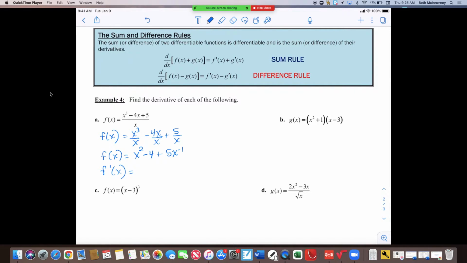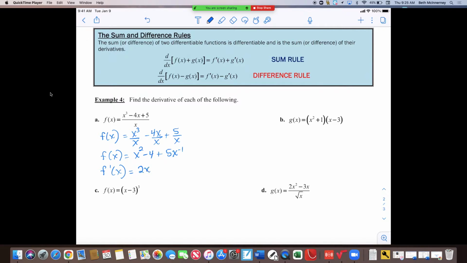So what I decided to do is to manipulate this, simplify it perhaps, and take x cubed over x minus 4x over x plus 5 over x. That's all I'm doing. Okay, so then once I get here, then I can apply the power rule. And I'm using the sum and difference rule. Okay, does that make sense now? All right, so here we go.